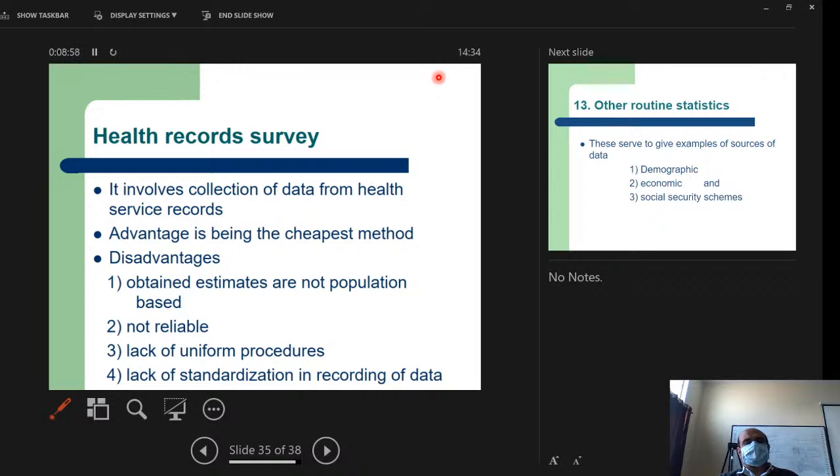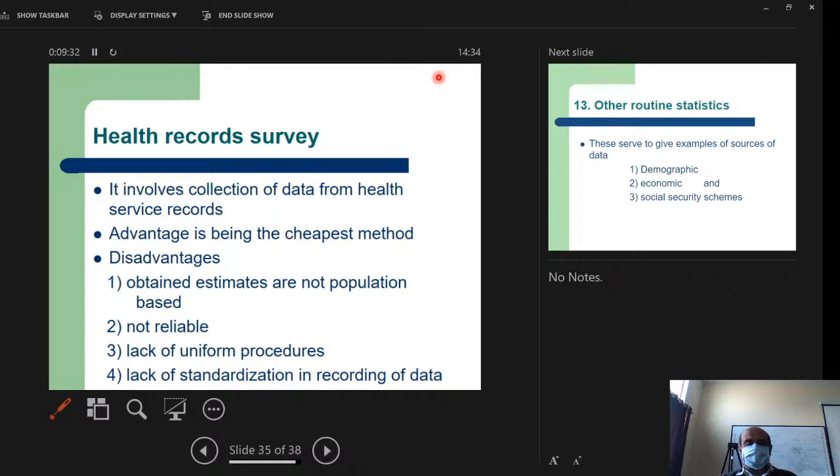The data from the more sick person cannot be generalized to the general population living in the community. It is not reliable. Again, in India there are registers, and the clerks and other people enter the register, which is sometimes manipulated, or there are hundreds of human errors in that. So it is not reliable.